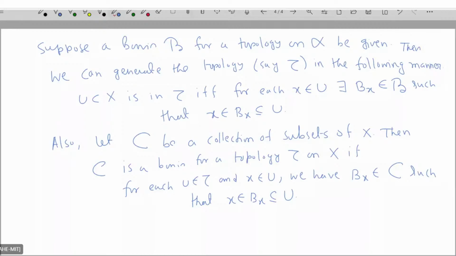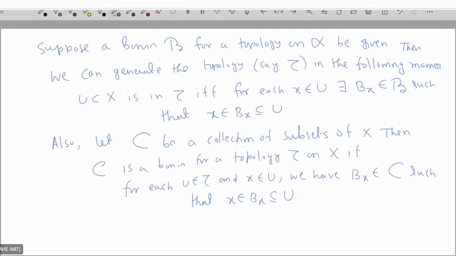So it's two-way. Suppose you know a basis for a topology, by this formula you can generate the topology, and this way, suppose the topology is given, you can check whether a collection is a basis for the topology or not. So you can generate it here, and verify it here.